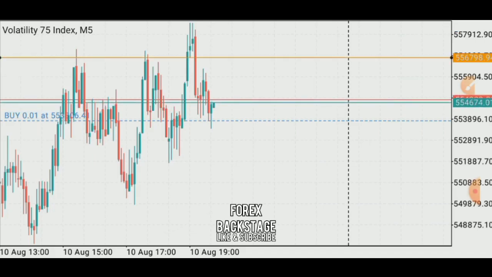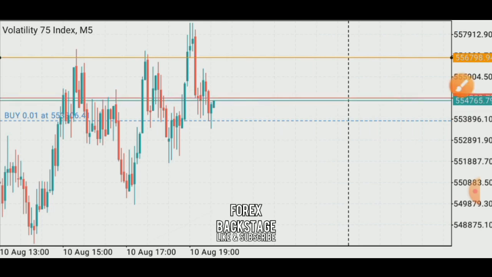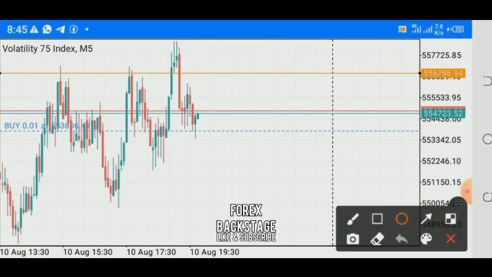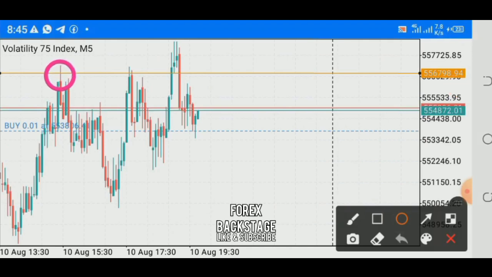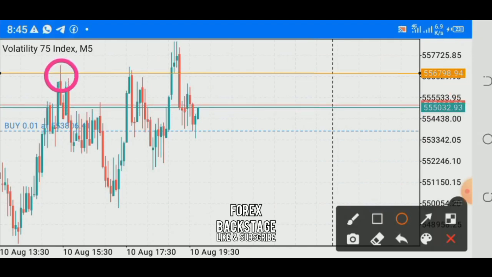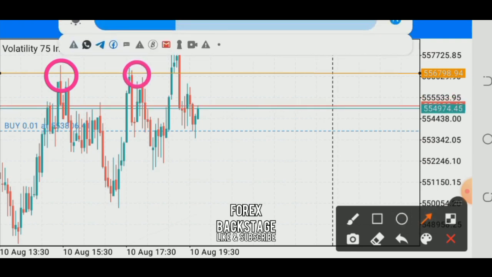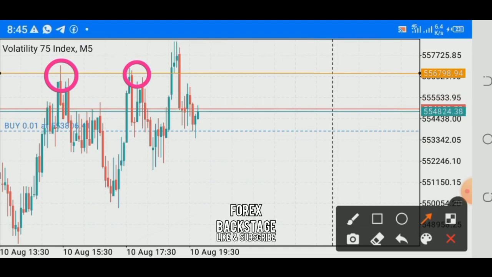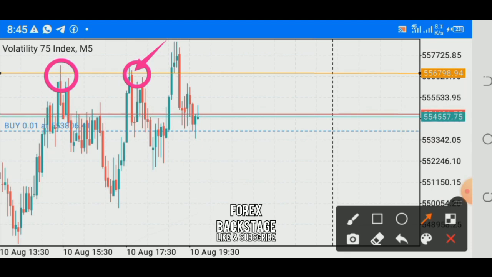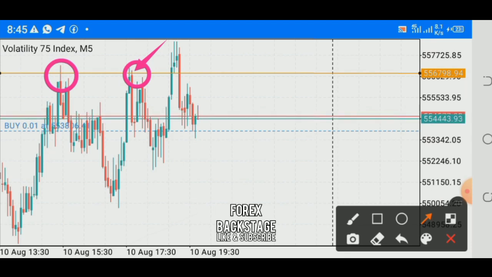So if you look at this place and this place, you discover that this line is stopping this candle from breaking out to the upward side. It is stopping this price from moving upward above the line.